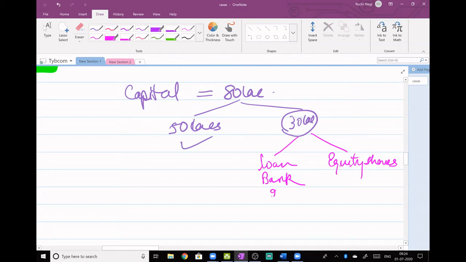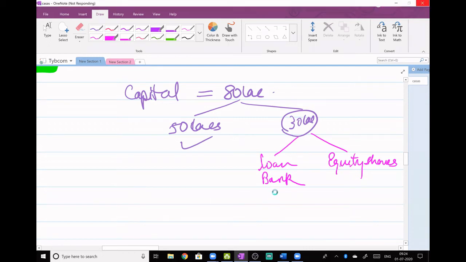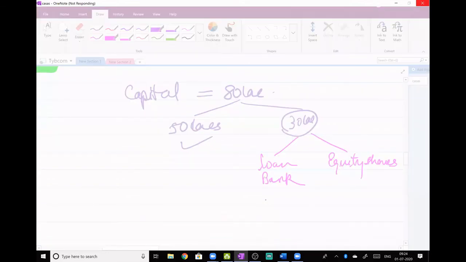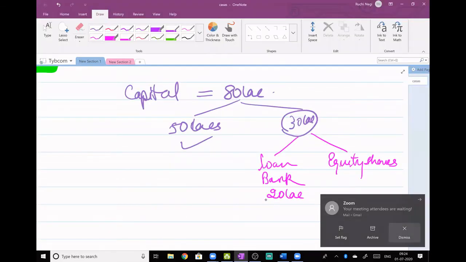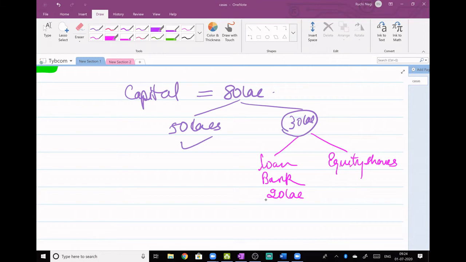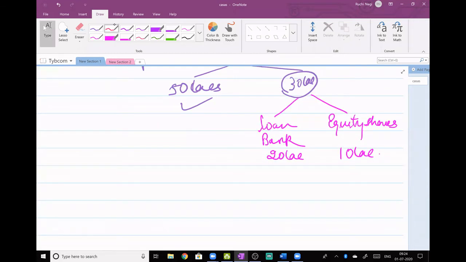So say I took a loan of 20 lakhs, and I issued shares of 10 lakhs. Issue of shares you have studied, right? So on the 20 lakhs loan I am paying say 10%, and on the 10 lakhs I am paying 10%.